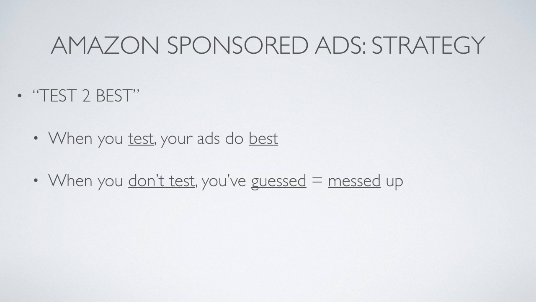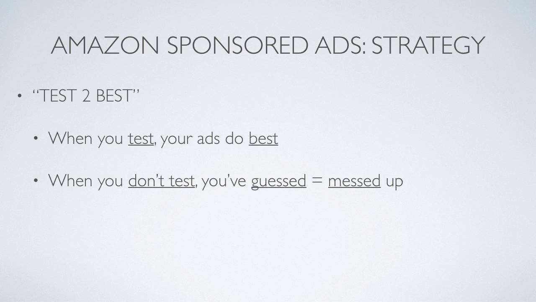So the only way you can really do well and have your Amazon sponsored ads perform the best is to really test, right? There's no strategy that works 100% perfect or has been proven across all different categories. Every single product, every single market has its own different factors and different circumstances.